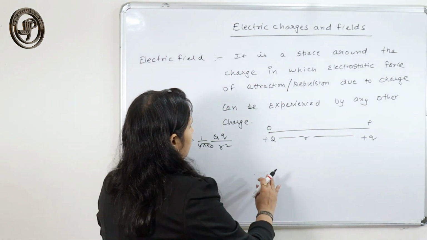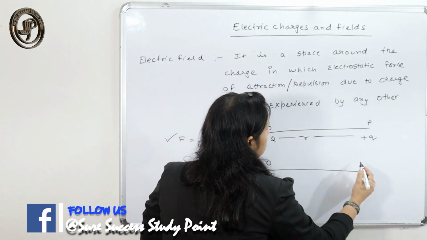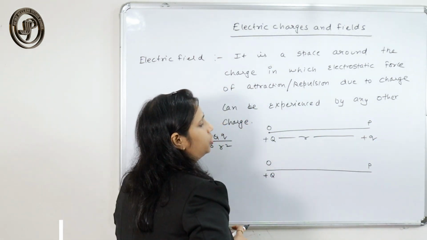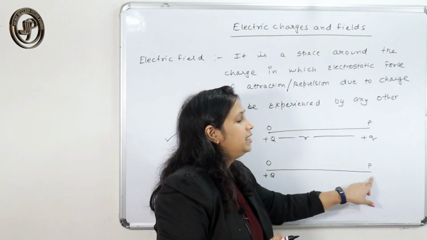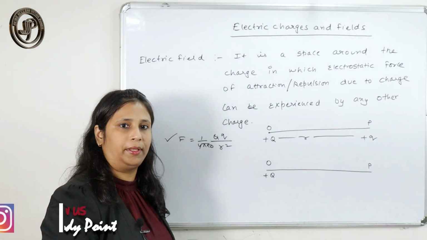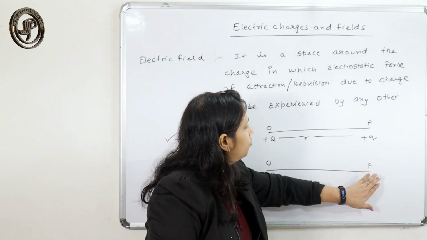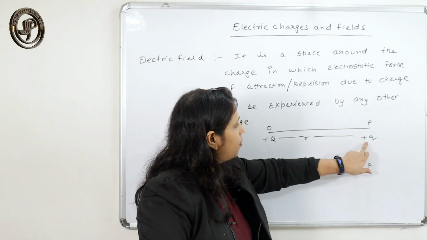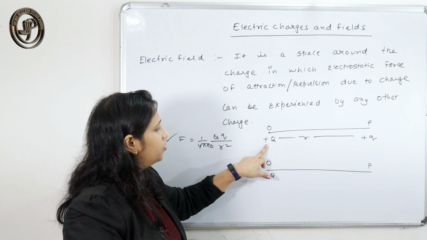Now suppose I remove this small charge plus q from point P, then what is left here at point P? That we need to study. If the charge plus q was there, there would be a force at point P because of this charge.